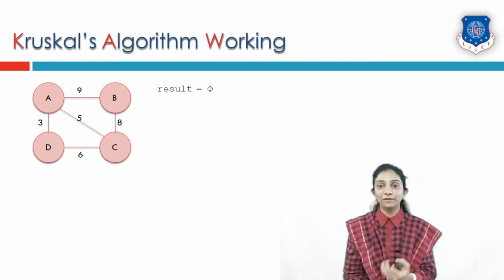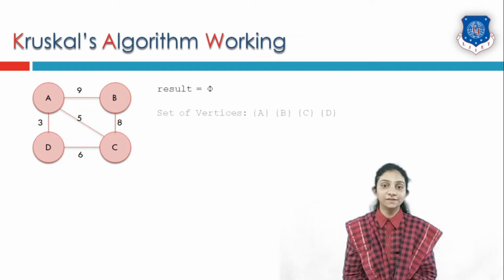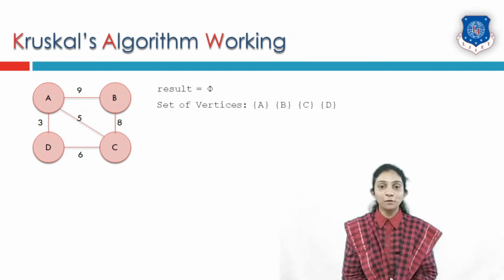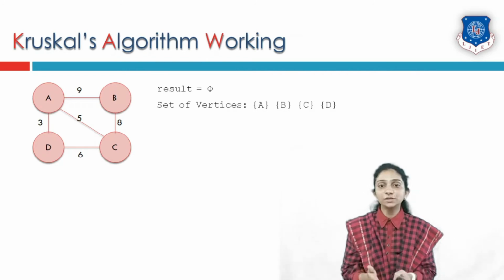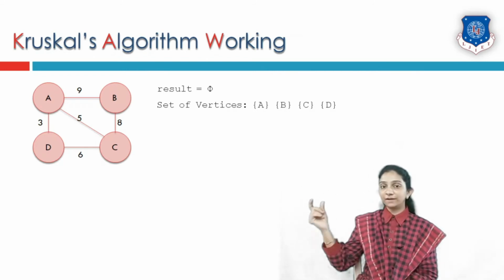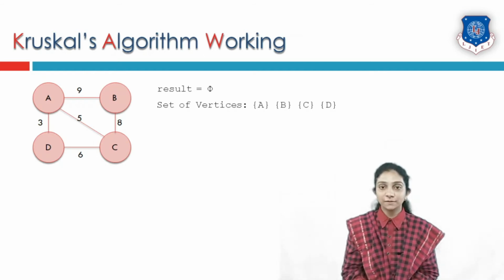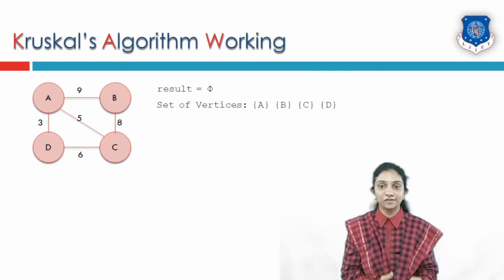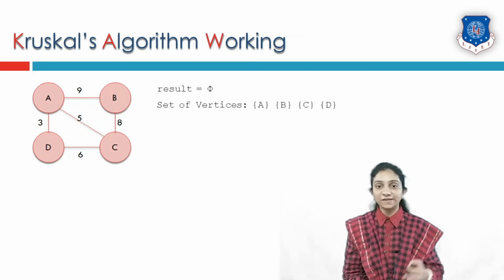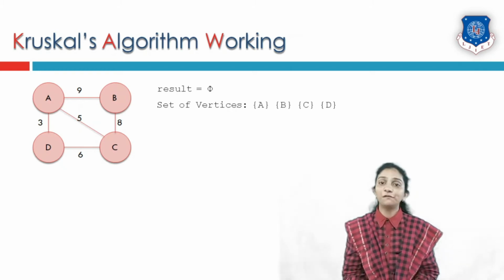That's why my result is currently an empty set. The second step says that you have to make a set of individual vertices. That means for vertex A there will be a separate set, for vertex B another separate set, and likewise for vertices C and D, we make a different set for each.